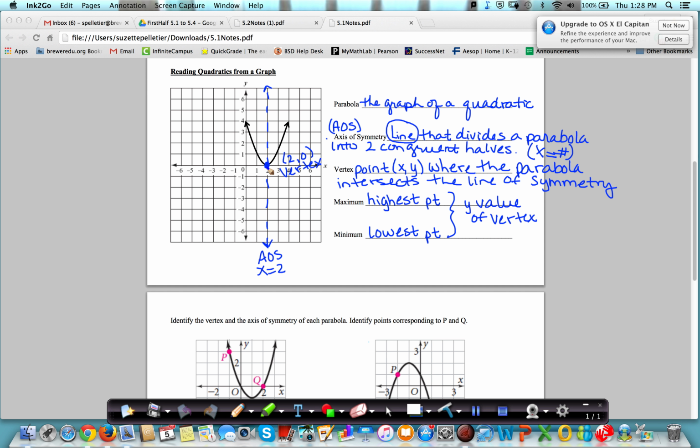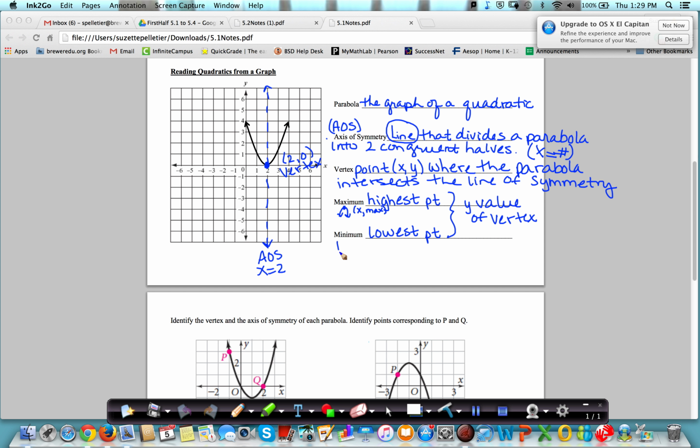And so what is the y coordinate? Y coordinates give us the distance up and down, the position up and down of our graph, and this is the lowest y value, and it happens to be 0. So the y coordinate is 0, and that is also its minimum value. The maximum is when the graph is heading downward, and we would have the point x, and then whatever the maximum point is would be your y value.